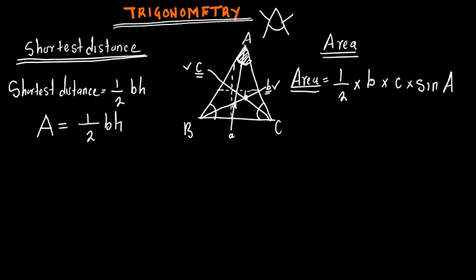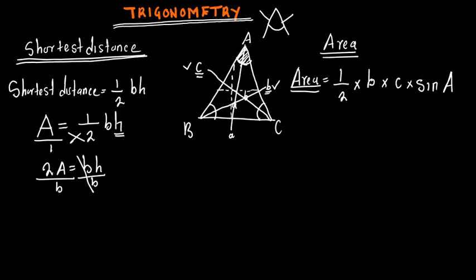What we are looking for is this h, because it is the shortest distance. So we cross multiply: 2 times the area equals bh. Now let's make h the subject by dividing by b on both sides.